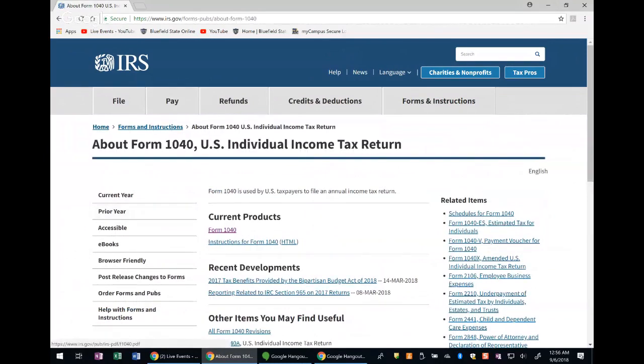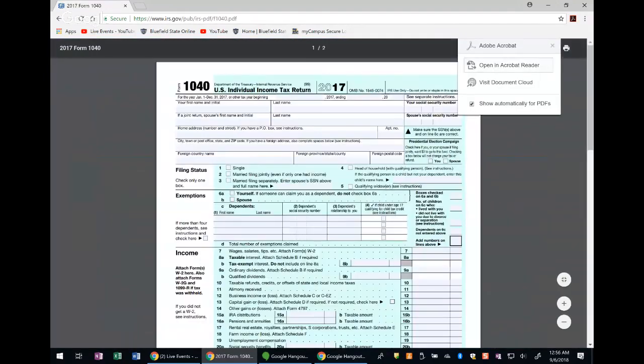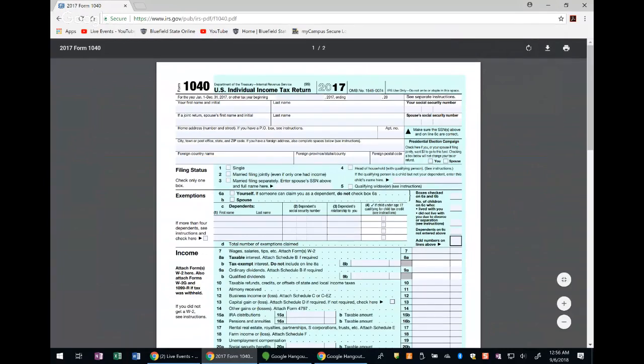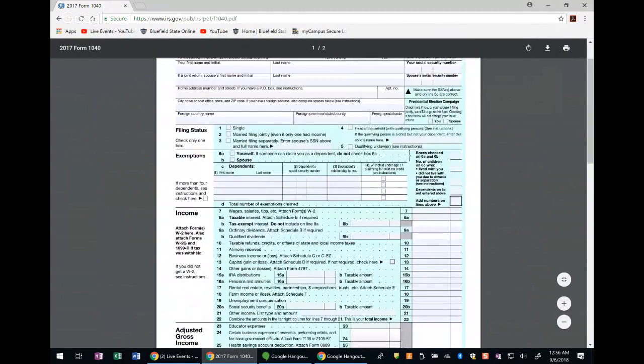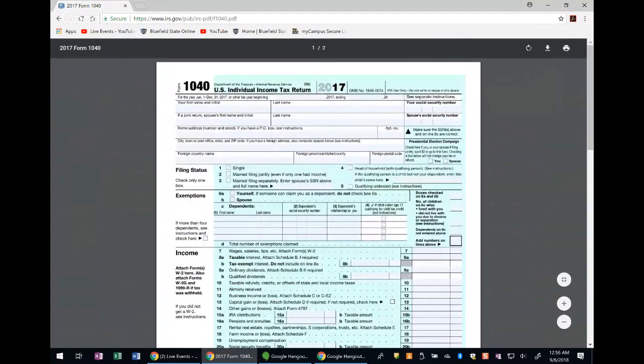Where'd that form go? Here it is. You know, I bring it up to forms, and we're still looking at what kind of form here, 2000 what? We're still looking at 2017. We need a 2018 form as soon as we can get it.